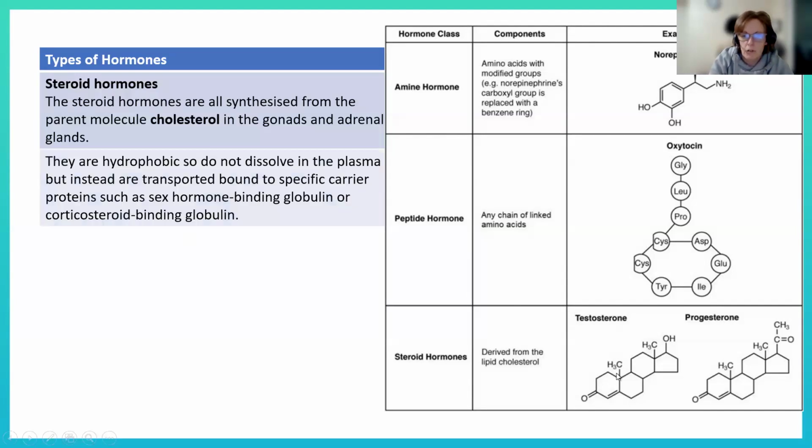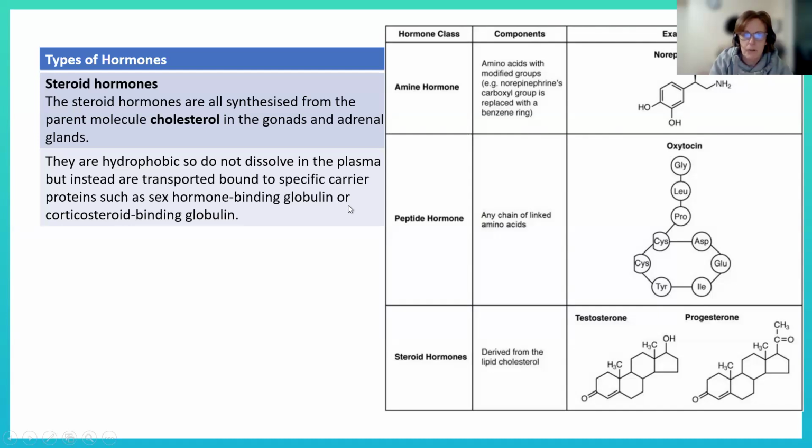But anyway, I digress. These steroid hormones here are hydrophobic, so they don't dissolve in the plasma. Hydrophobic, water hating, so hydro meaning water, phobic to hate, so they don't dissolve in the plasma, which is mostly water. And these are transported around by carrier proteins. So there's some sex hormone binding globulins.